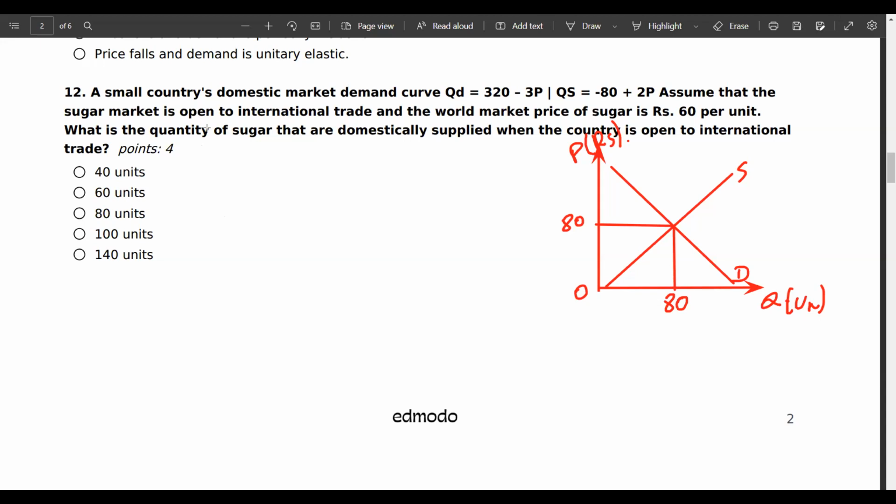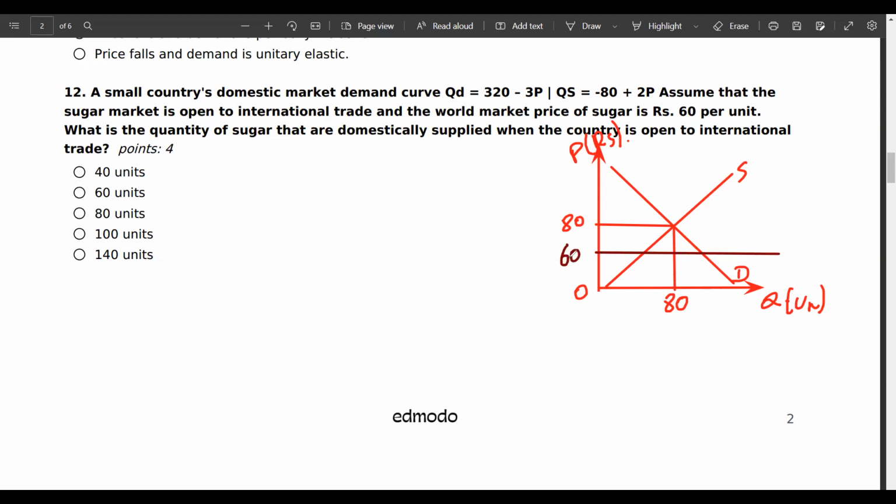But the thing is, the country is open to international trade now, and the world market price of sugar is only 60, right? What that means is we are importing sugar from the world market also, and the world market sugar price is only 60 rupees.